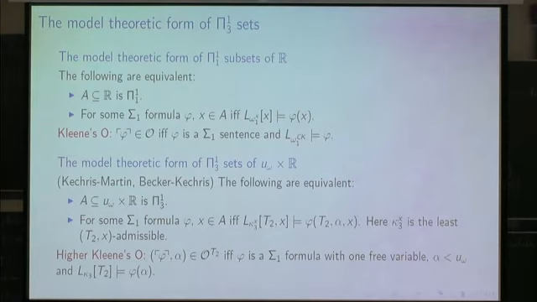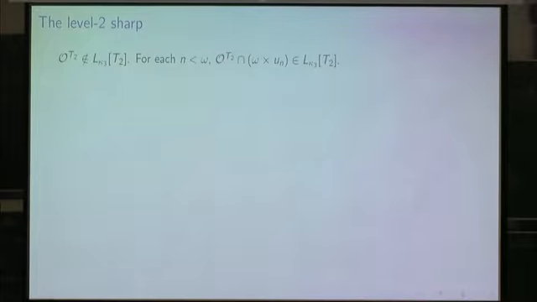This is the correct generalization of Kleene O to the higher level. The important fact is that as a subset of u_omega, it does not belong to the least T_2-admissible set, but every proper initial segment does. So this object is a join of those countably many objects.